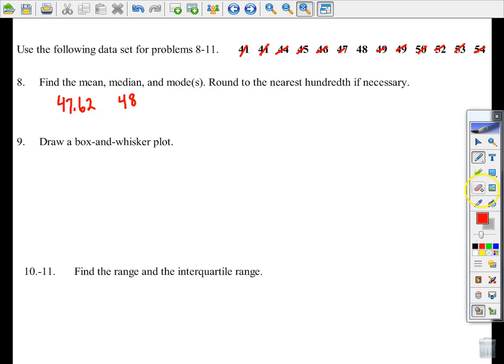And mode refers to the most commonly occurring values, and it is possible to have more than one mode, and that's what happens here because the number 41 appears twice and the number 49. So actually we have 2 modes, and we just list them each, 41 and 49.